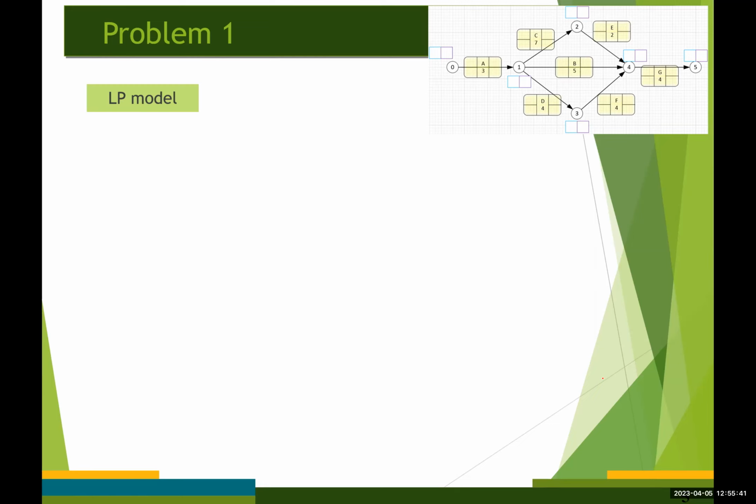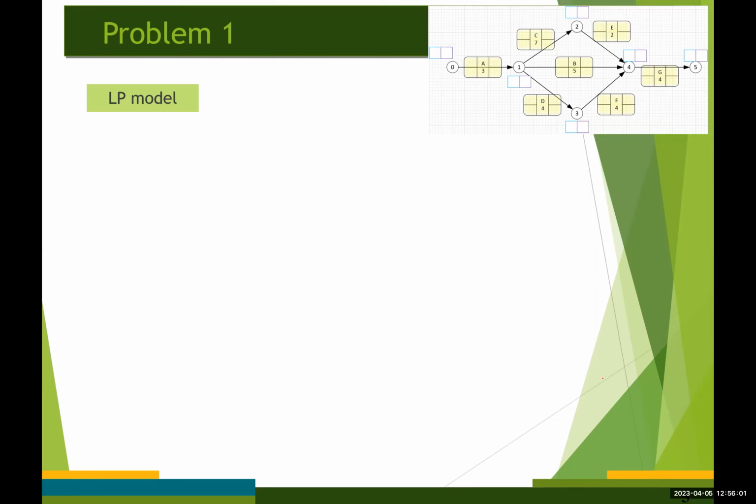Although the primal LP can provide you the project completion time, it's not going to give you the detailed information about the critical activities and critical path, right? So let's build up our dual LP.